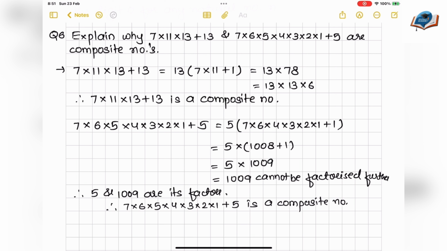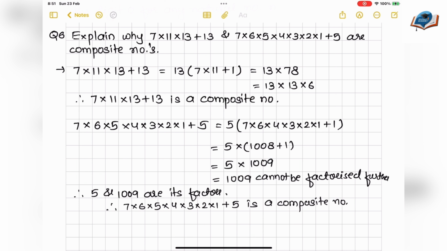Here, 2q square is a multiple of 2 and hence it is even. Thus, p square is an even number.